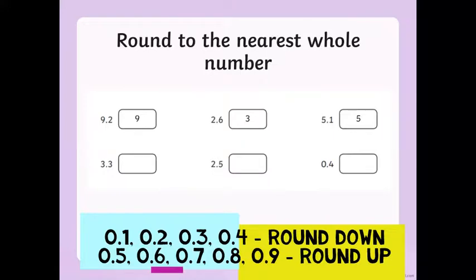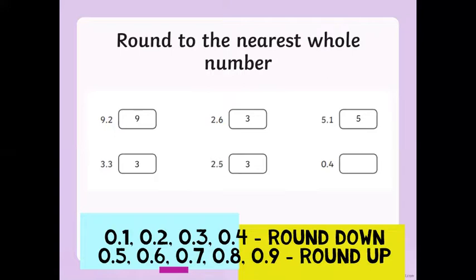3.3, that falls between 3 and 4, so do we round up or do we round down? We would round down because the 10th column is a 3. 2.5, right in the middle, but think about the rules that you have to follow. So it falls between 2 and 3, but do we round up or do we round down? We would round up to 3.